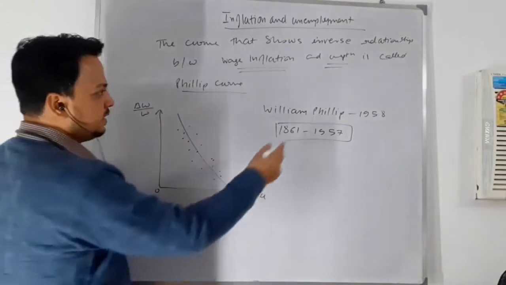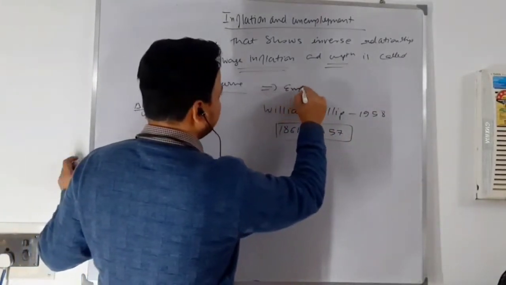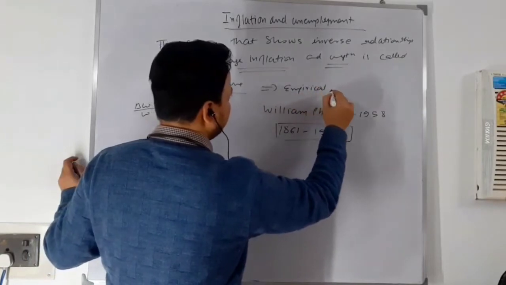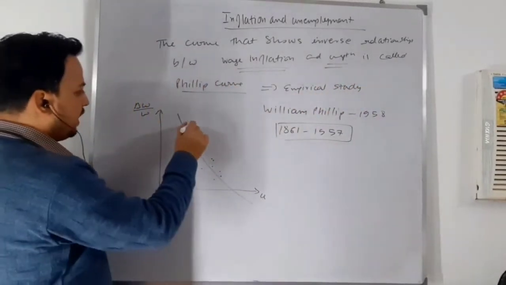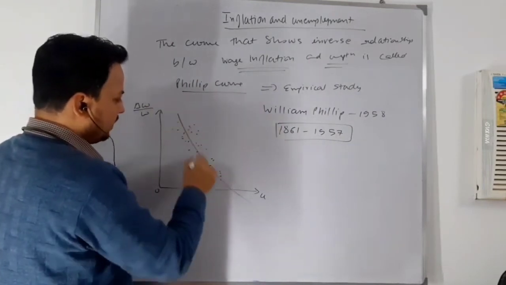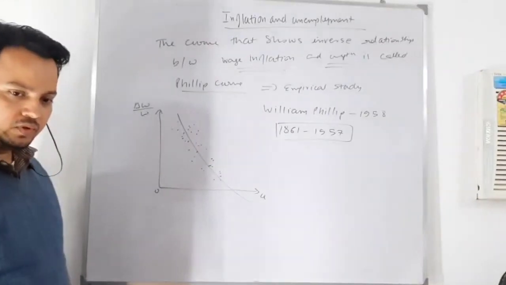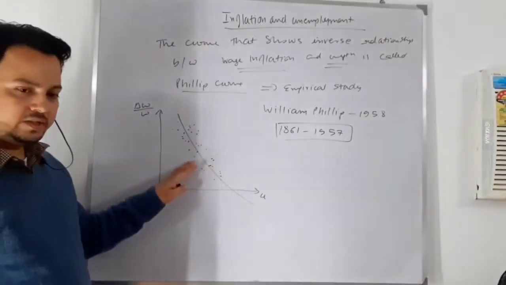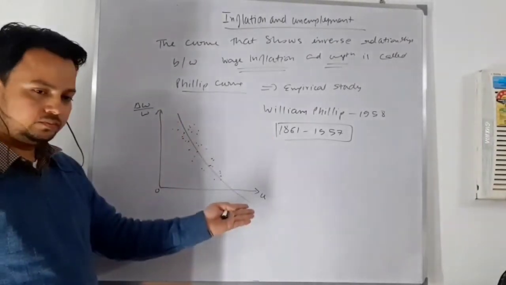Since he has looked at the data, his study is empirical. The data points are like this for this period, and the relationship that is coming out of it is negative. This relationship is stable as per his study, and it is non-linear.